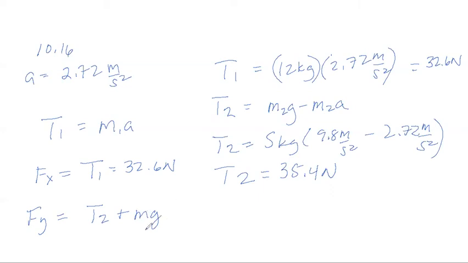So T2 was 35.4 newtons plus, what was mg there?